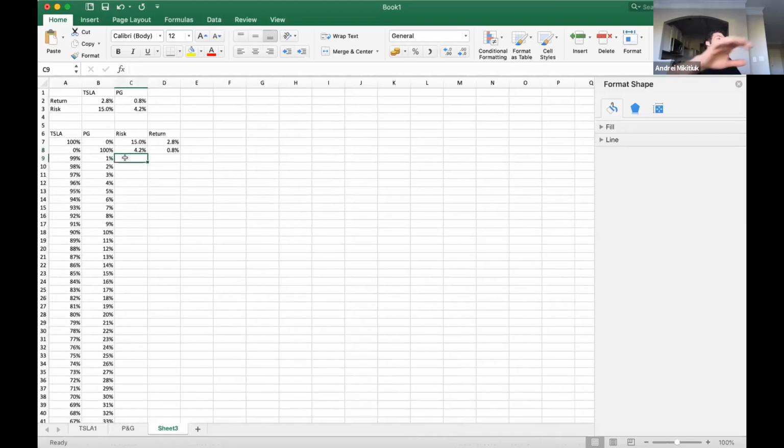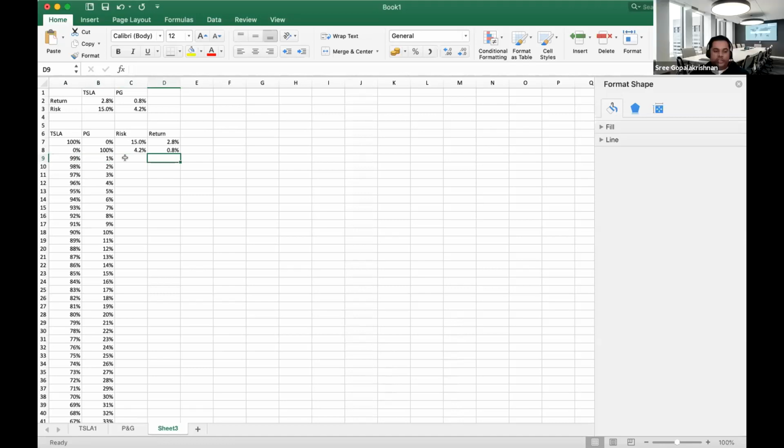Okay, so now I need to calculate risk for each of those portfolios. No, let's start with return. Return is an easier thing. So what is the return for a portfolio that has 99% of Tesla and 1% of Procter & Gamble? Any intuitive ideas? That's a weighted average. Yeah, basically it's just a weighted average of those two returns. And it makes sense, right?